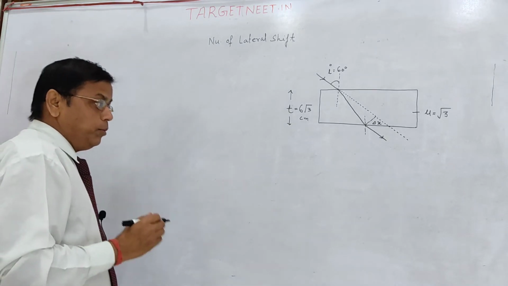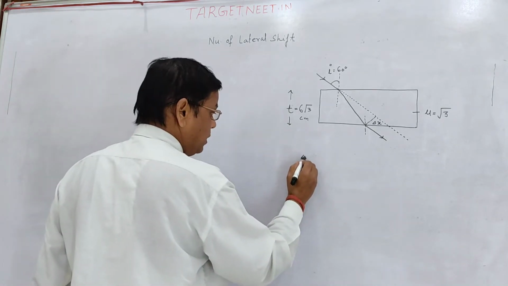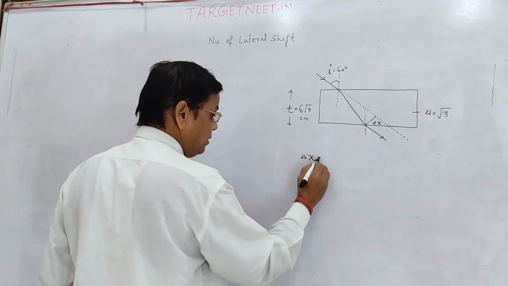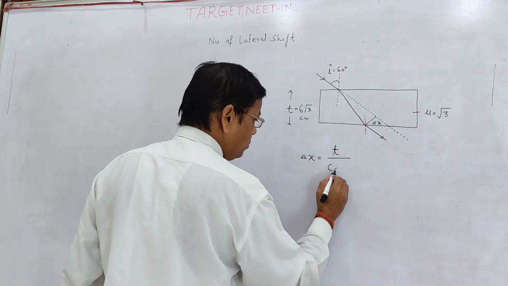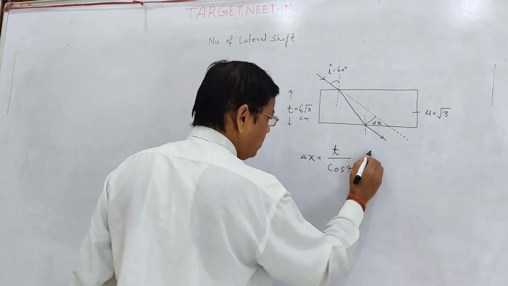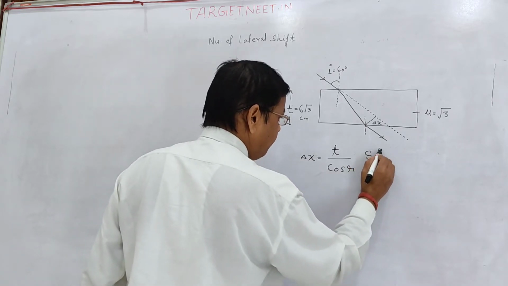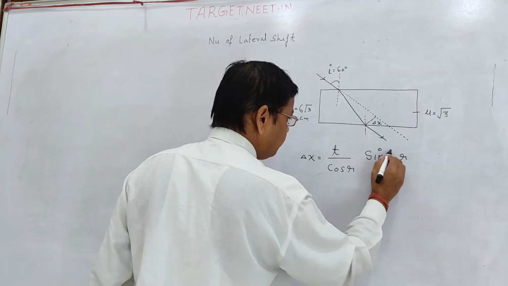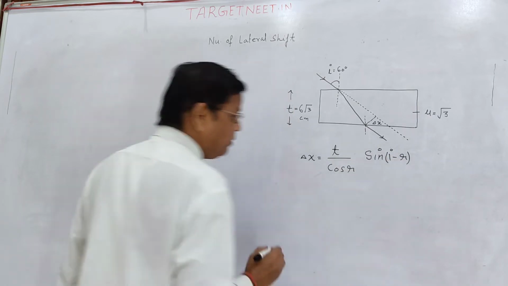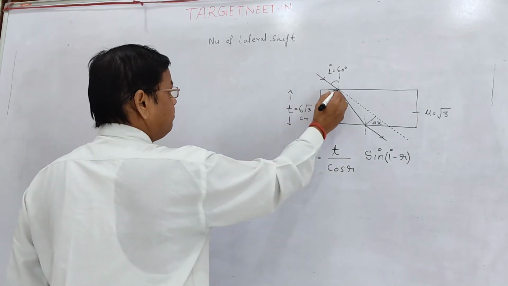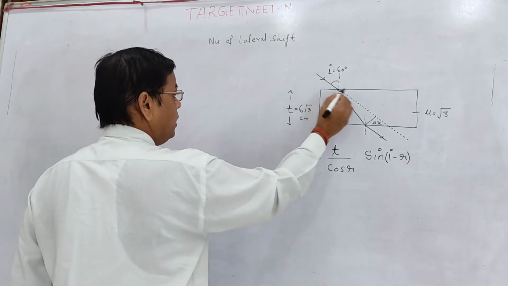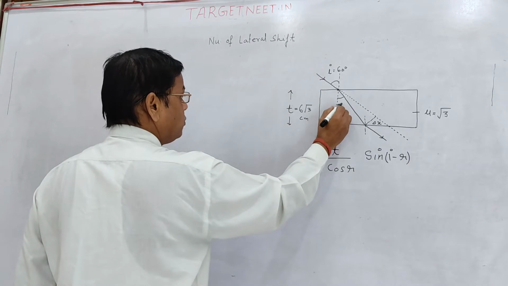So now we know the formula: delta x is t divided by cos r into sin(i minus r). This we have to use. So here I use Snell's law at this point in order to find the angle of refraction.